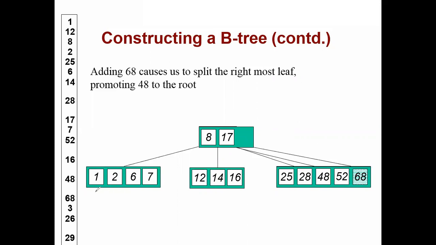We cannot add here now because the total number of keys, 4, is complete. Now greater than 8 and smaller than 17 we have stored 12 14 and 16. And what about this? Okay, just concentrate. Greater than 17 we have to store 25 28, and we have added 48 here. No doubt 48 is less than 52, so it comes before 52, and greater than 28, so it should be placed here.